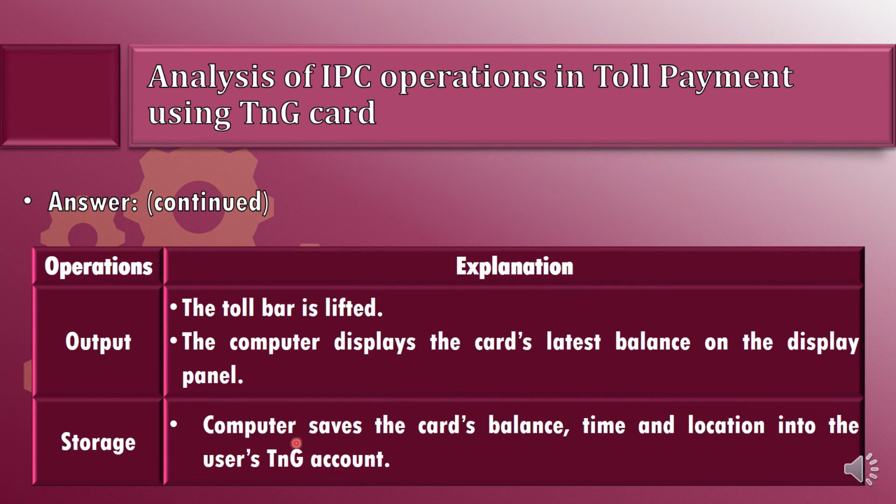So the verb here, as usual, is save, because of course it refers to the storage operation. So that's all for this situation regarding payment using a Touch 'n Go card.